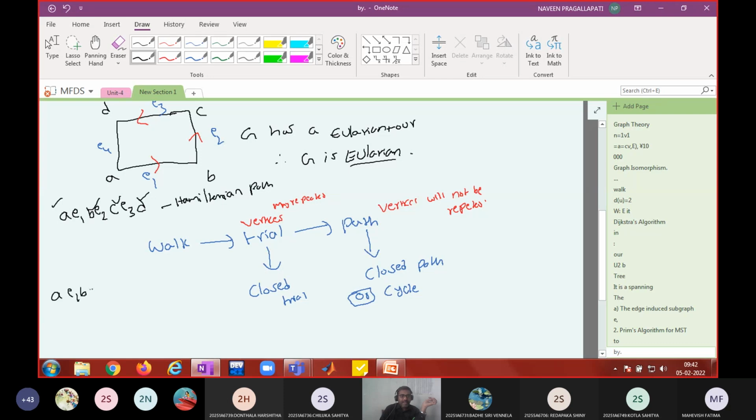A, E1, B, E2, C, E3, D, E4 and A. Now you see, this is a cycle because the initial vertex is equal to the terminal vertex and all the remaining vertices are distinct, visited one and only one time. Therefore, it is a Hamiltonian cycle. And any graph containing a Hamiltonian cycle is said to be Hamiltonian.